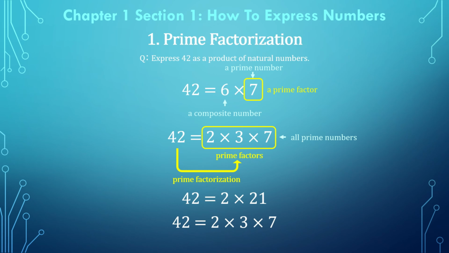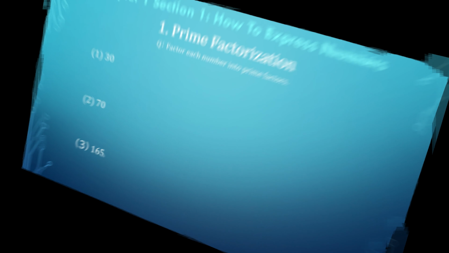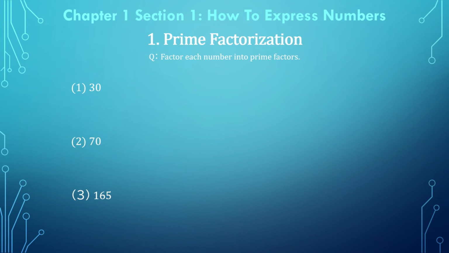Like this, you always end up with the same prime factors, no matter which numbers you start with when dividing a composite number. Now, let's practice factorizing other numbers into prime factors. You will learn how to conduct prime factorization following the steps.